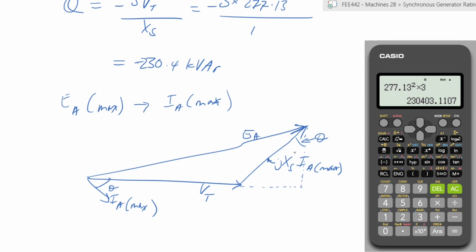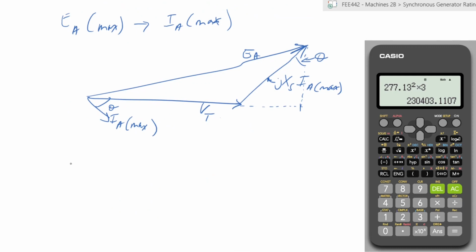Now, what then happens is you have EA when it is maximum given by VT and jXS IA maximum, which will be your value of EA when IA is maximum, right? So what we then have is EA equal to VT, which remains constant, plus jXS IA at maximum, right?